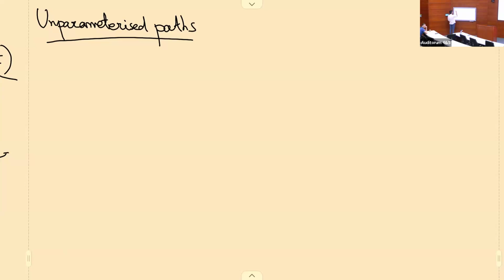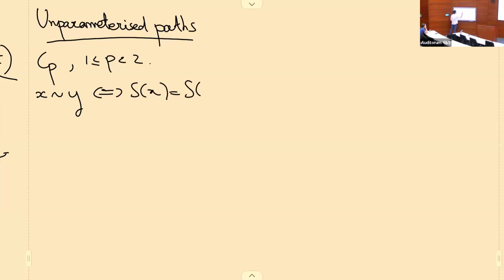You take your path space, the smooth path space, and then you define an equivalence relation on this path space, which goes as follows: X is equivalent to Y if and only if the signature of X is equal to the signature of Y.